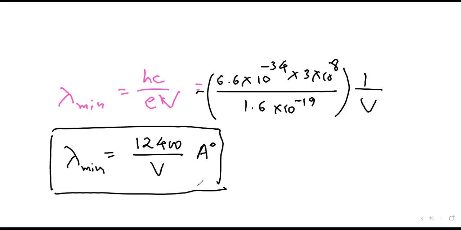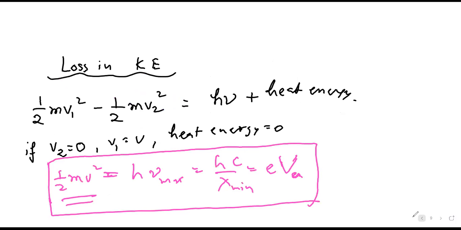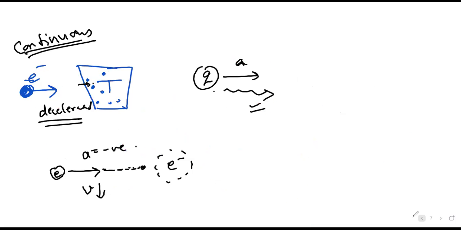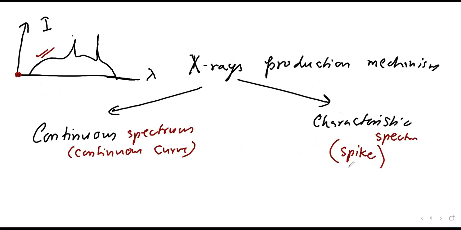You should remember this threshold wavelength of continuous X-rays. Always remember, the threshold wavelength exists only for the continuous spectrum. We have not yet started the characteristic spectrum; we have just seen the continuous spectrum.